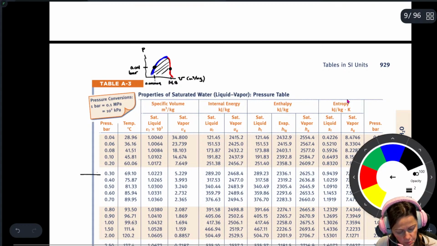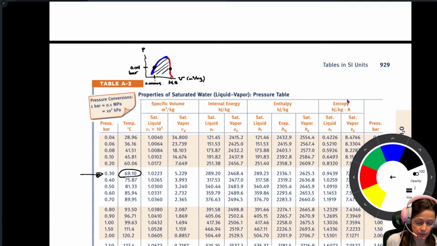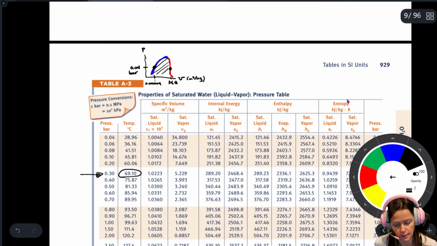Here we are. This is 0.3 bar or 30 kilopascals. And I can see the only possible temperature that I could be at and be at 0.3 bar and be saturated, i.e. going through a phase change, is 69.1 degrees Celsius.